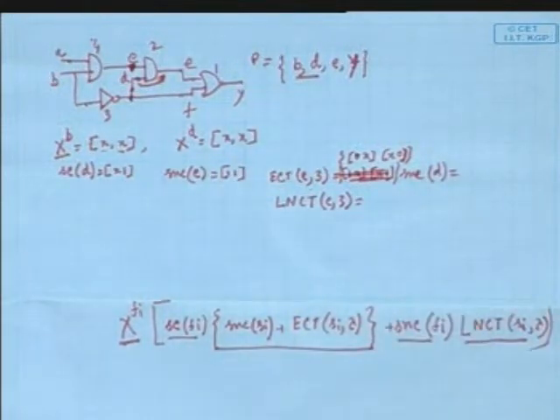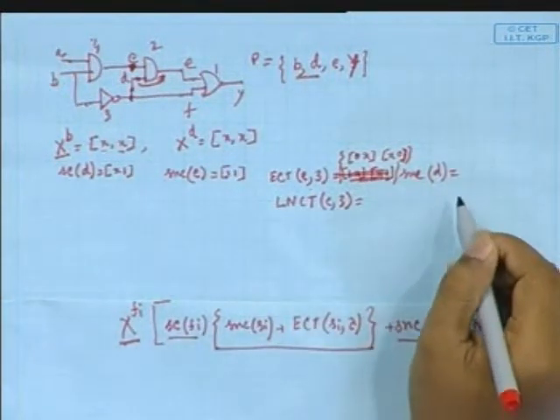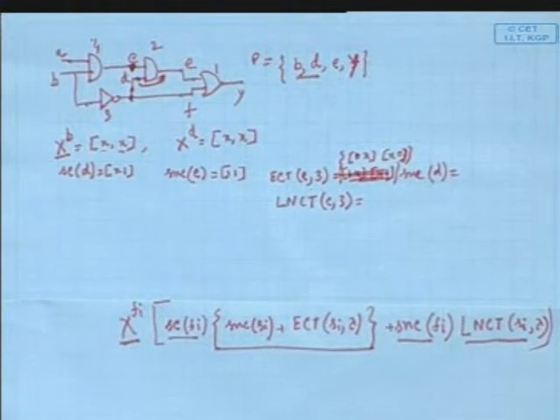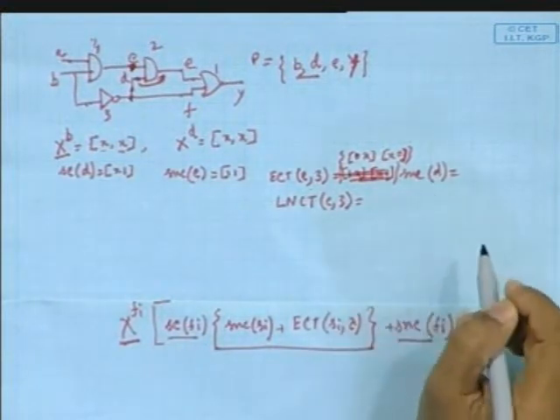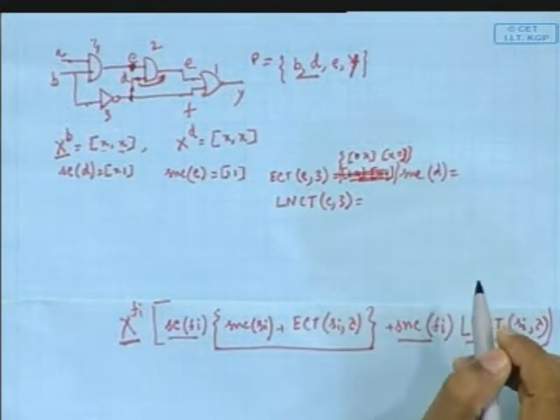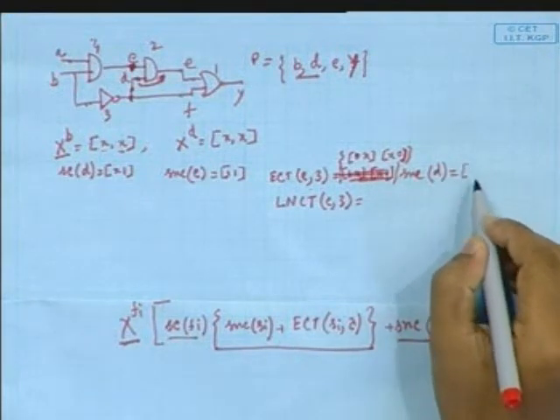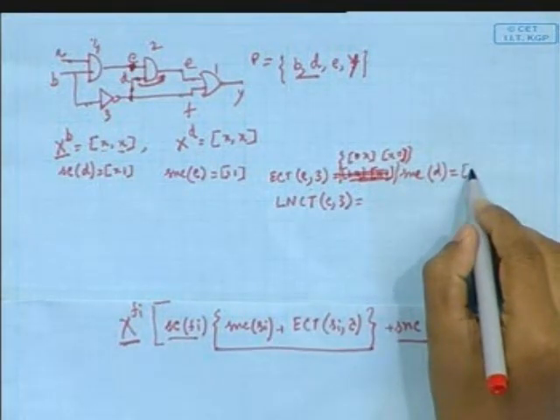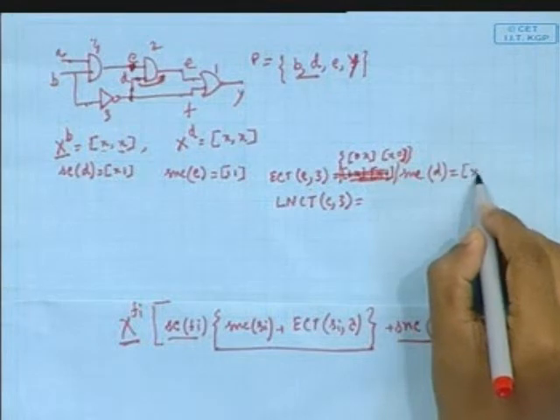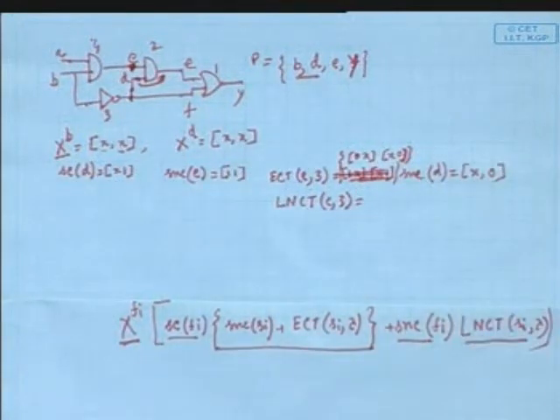So after the delay being less than 3, you would have got 5. So whatever the next non-controlling value of node D, because x comma 0. Fine.